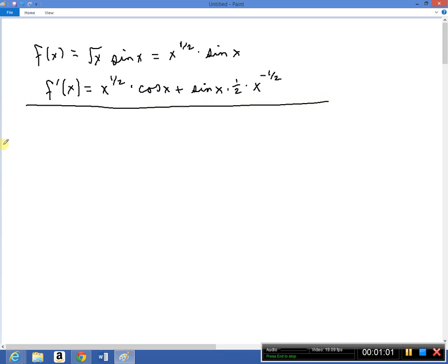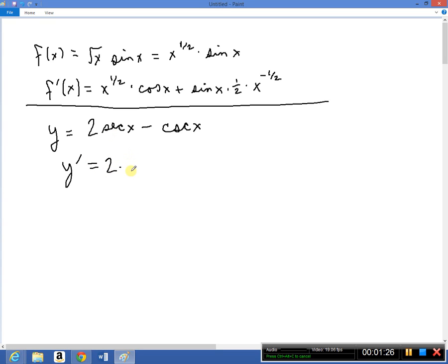Okay, next problem, find the derivative of 2 secant x minus cosecant x. So here you have to remember the derivatives of the trig functions. If this is y, then y prime is going to be the derivative of the secant. The 2 is just going to stand there.